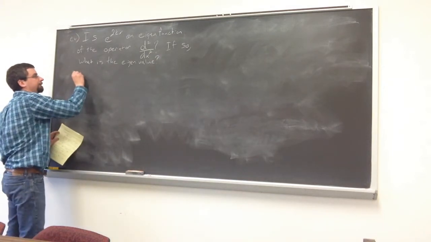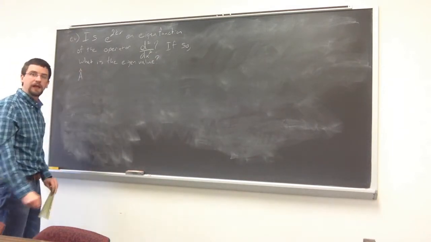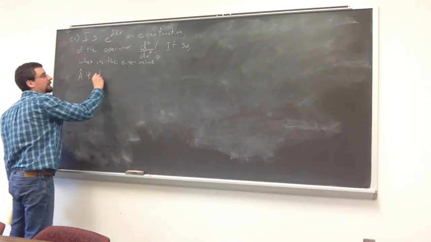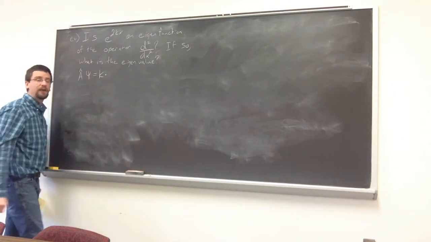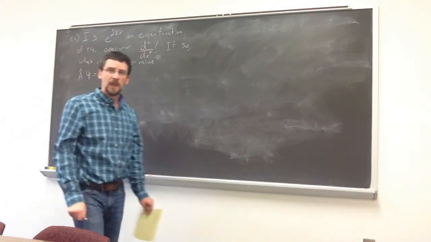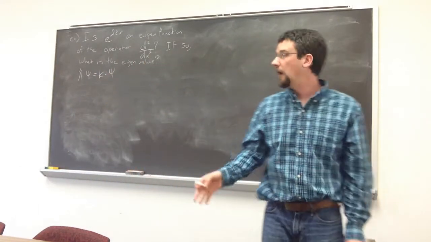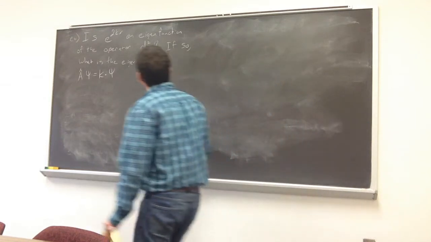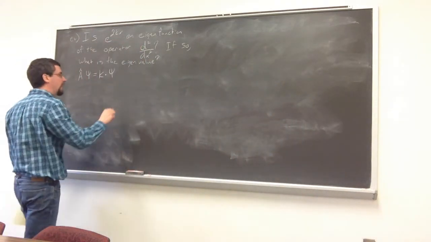So again, remember, we have some operator A. It operates on a function. We have to get a scalar out, or an eigenvalue, times that original function. So we have to determine if we get that original function back out. So let's operate on e to the 2kx.